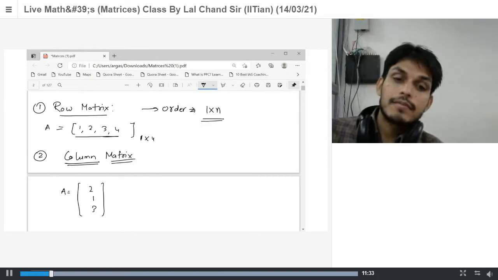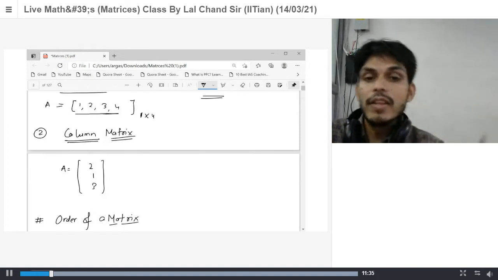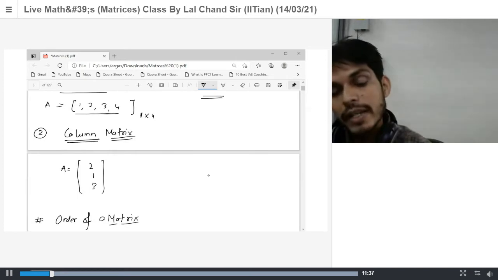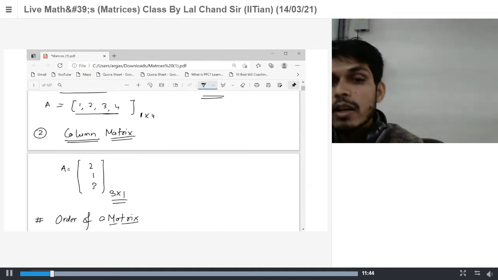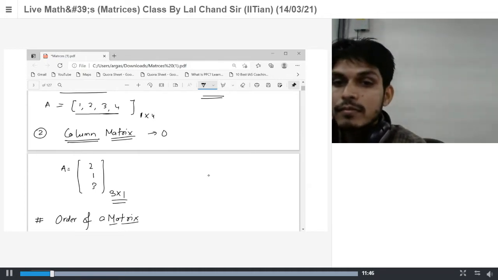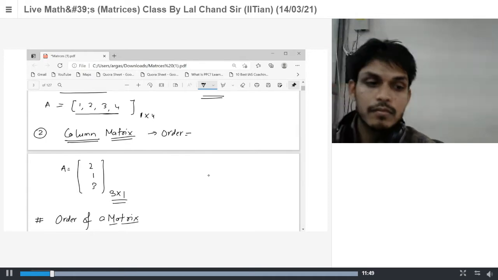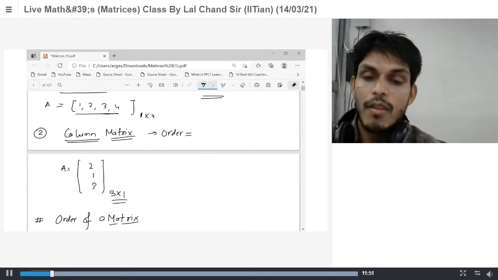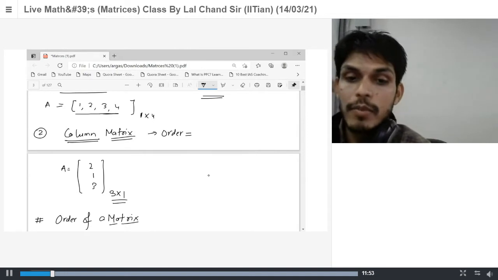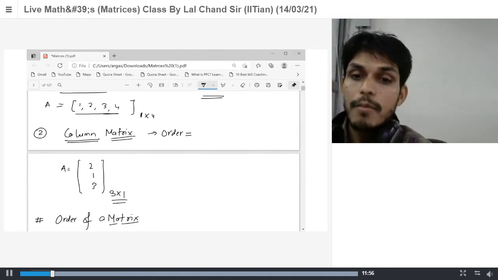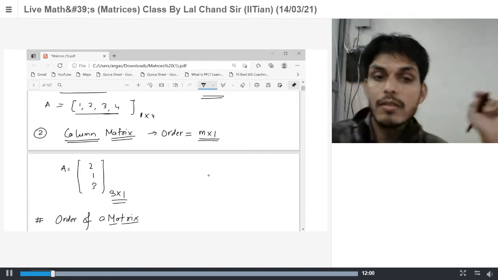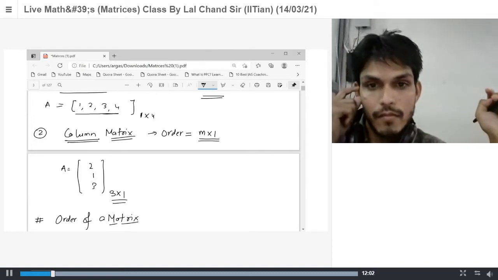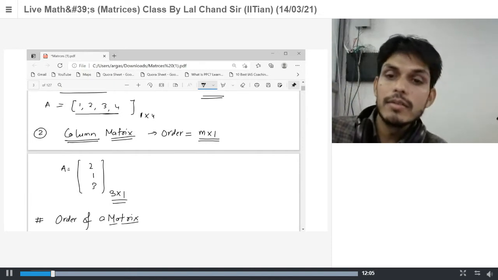If we write down the general order of a column matrix, the row will be m and the column will always be 1. So the general order will be basically m cross 1. Okay. This is clear to you?